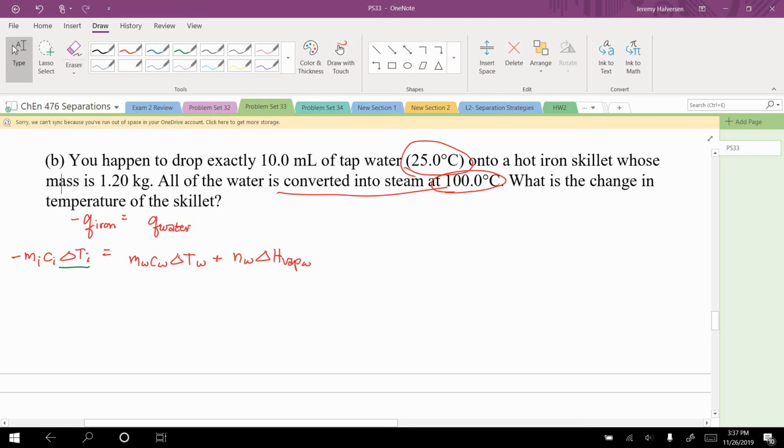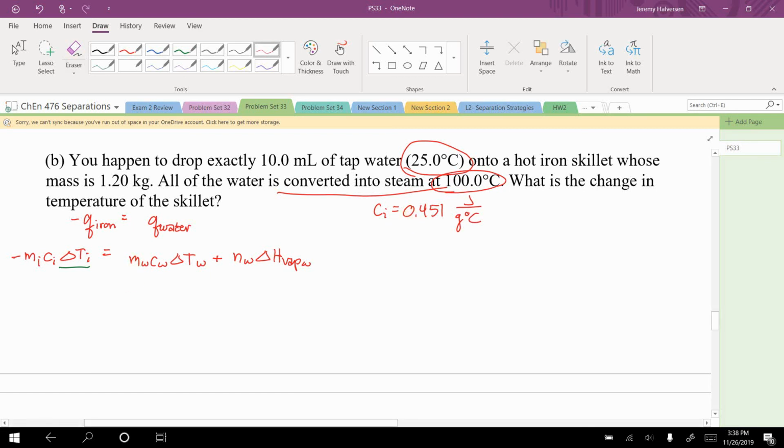I get that the specific heat of iron is 0.451, and that's in units of joules per gram degrees Celsius. Really, I found the specific heat in joules per mole degree Celsius, and then I just converted the moles to grams. All right, so now I've got specific heat of iron.